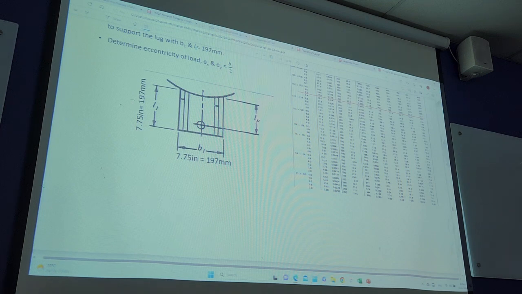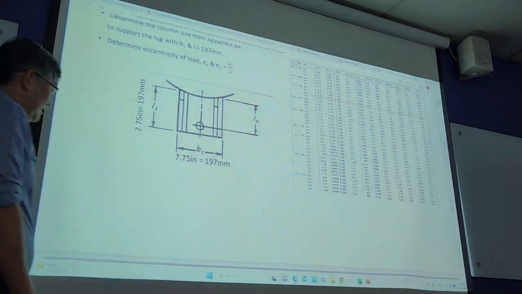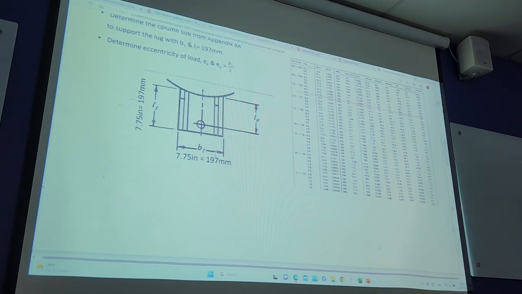Because this is 197, half of it is 197 divided by 2. You need to take note of this. How to determine the eccentricity of load? You have to divide B1 over 2.